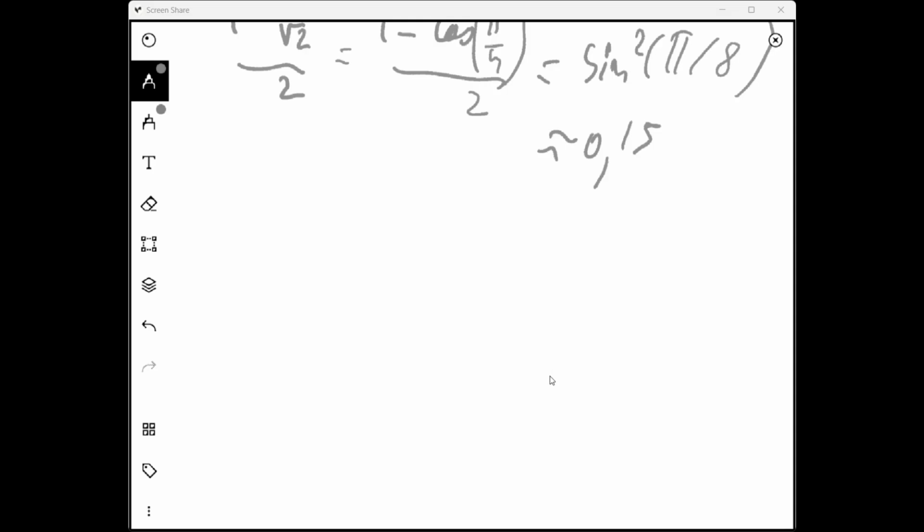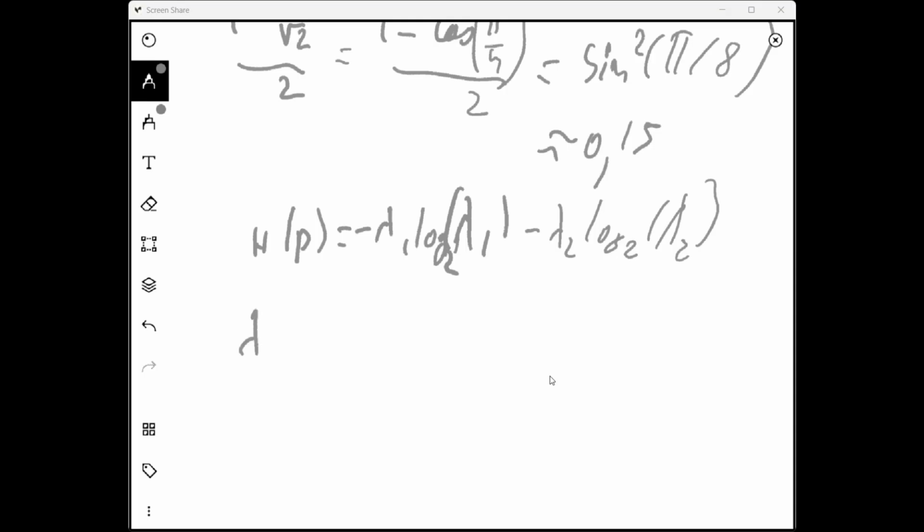And once you have this, we know that by the definition of von Neumann entropy, if you have two eigenvalues, it's minus lambda 1 log of lambda 1 minus lambda 2 log of lambda 2.